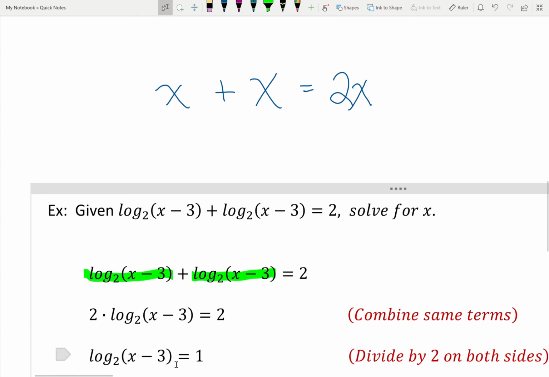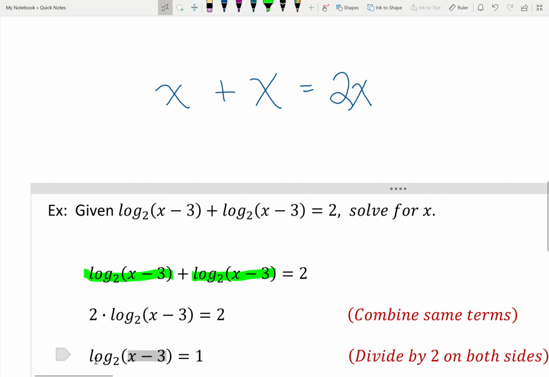So remember what we're doing, we're solving for x here, and I'm so close to solving for x. However, the only thing is that x is stuck. It's stuck in this log function, right? So what do I have to do? I have to get rid of this log. But we already know from 2 seconds ago, to undo or get rid of this log, I have to use the exponential function.